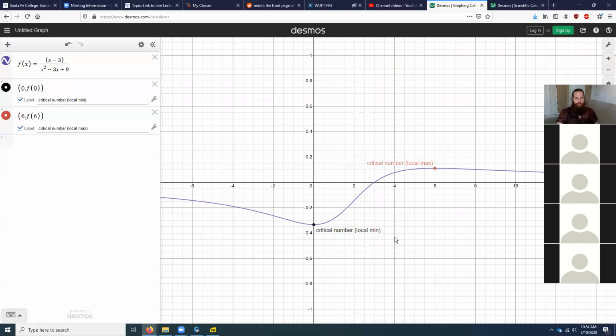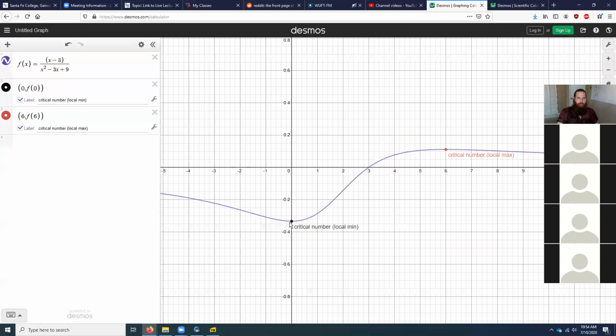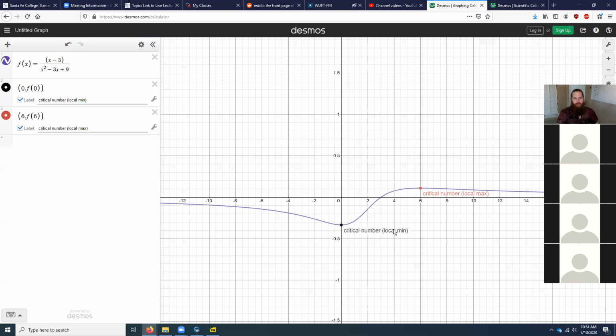Neat stuff, right? So finding critical numbers is the key step to finding minima and maxima. And that's why this is what you're doing on this function and in this homework.